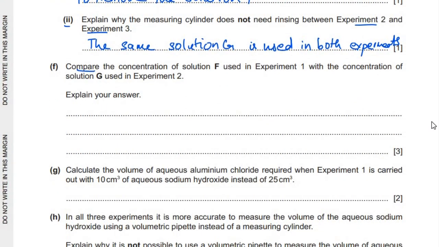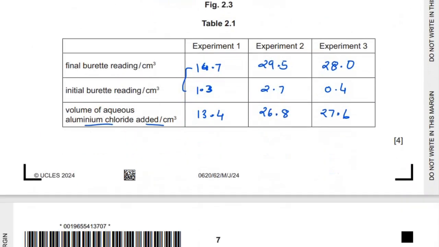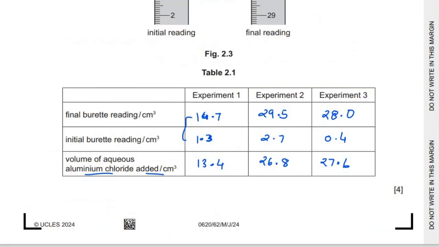F, it says compare the concentration of solution F used in experiment 1 and the concentration of solution G used in experiment 2. For that, we need to have a look at the readings here. Now if we compare the readings of experiment 1 and experiment 2, we can see the reading is exactly double. In experiment 1 it is 13.4 and double the reading in experiment 2, that is 26.8.